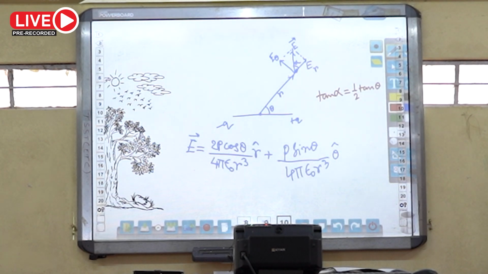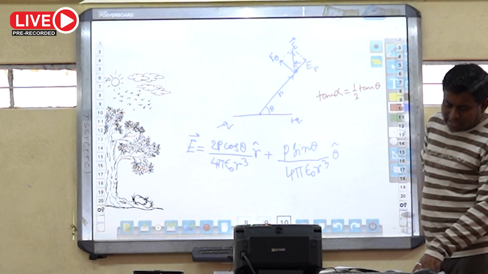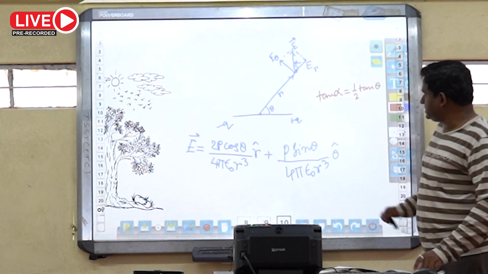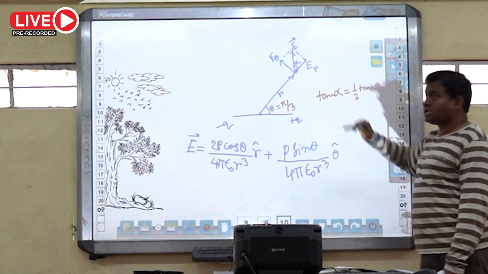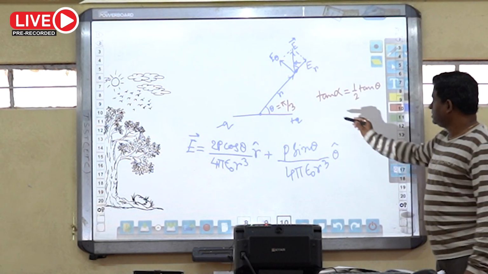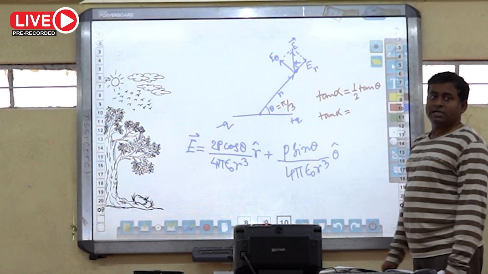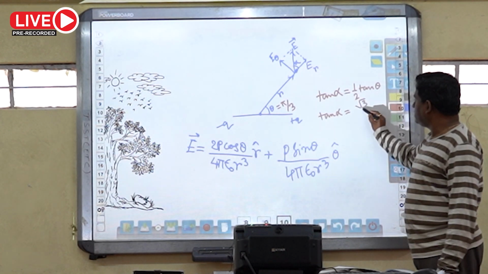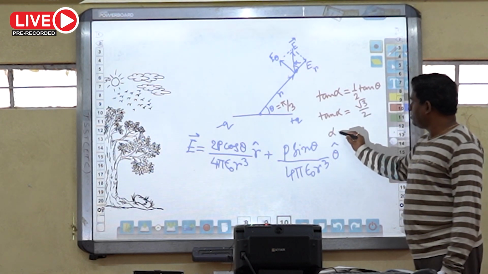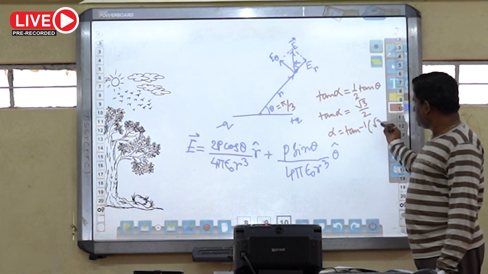Now theta is mentioned in the problem, that is pi by 3 with the x-axis. This theta is given pi by 3. So I can find tan alpha. So tan alpha is coming, tan pi by 3 is tan 60, that is root 3. So it will be root 3 by 2. So alpha will be tan inverse of root 3 by 2.